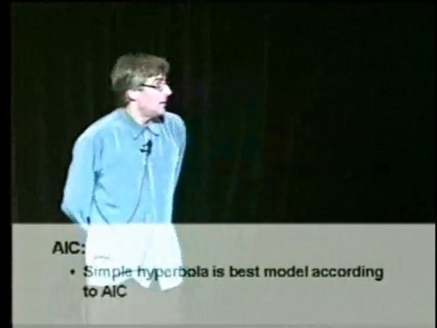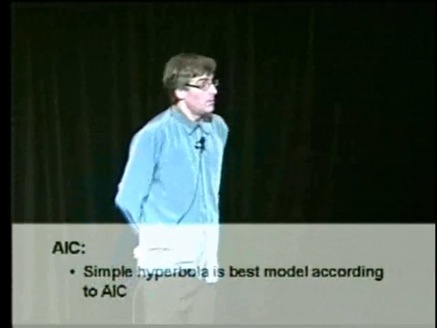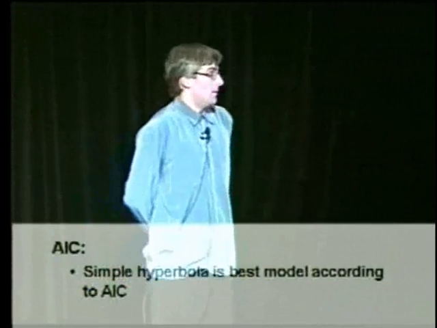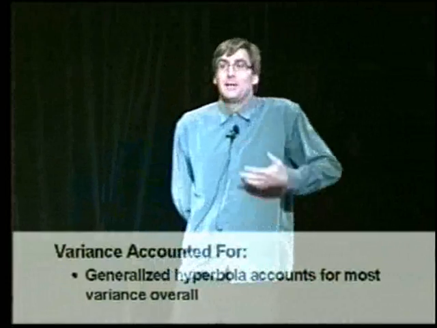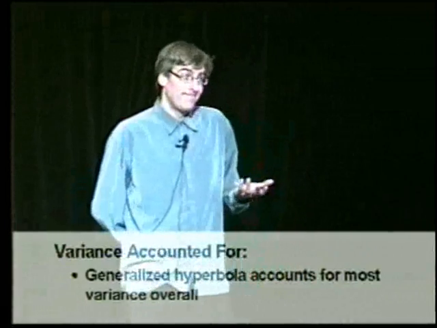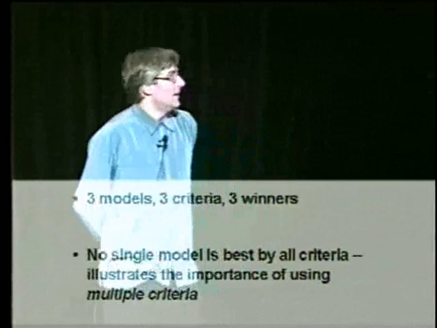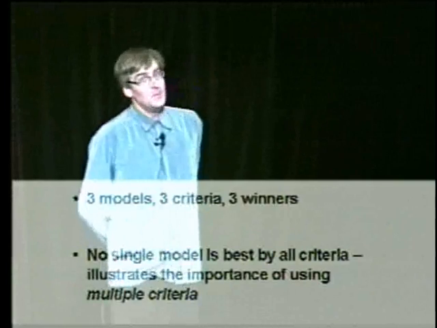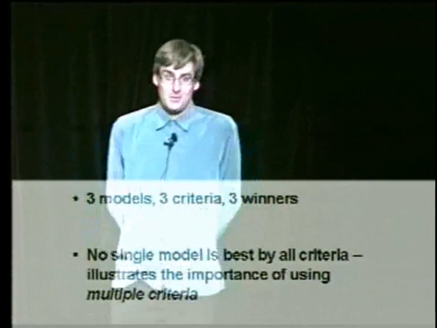According to the Akaike criterion, the simple hyperbola was the best model. But according to variance accounted for, the generalized hyperbola accounted for the most variance. So we have three models, we used three different criteria, and we had three winners.